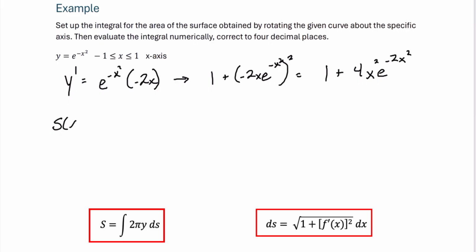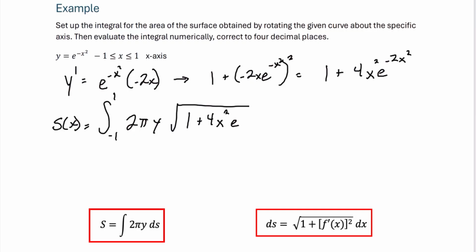Now S is the integral from -1 to 1 of 2 pi y square root of the value we just found, 1 plus 4x squared e to the negative 2x squared dx.